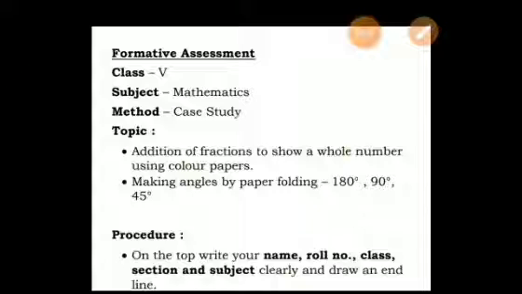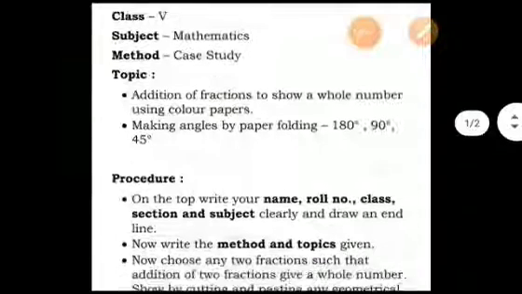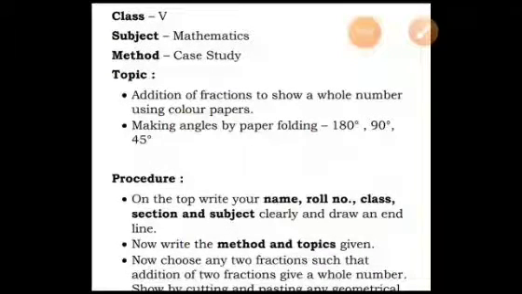Now let us discuss the procedure, how you are going to begin with the project. First of all, on the top you are going to write your name, roll number, class, section and subject very clearly so that it is properly visible.